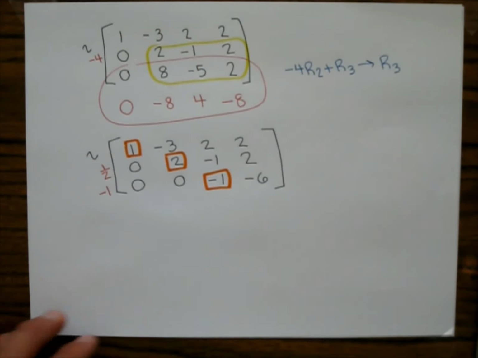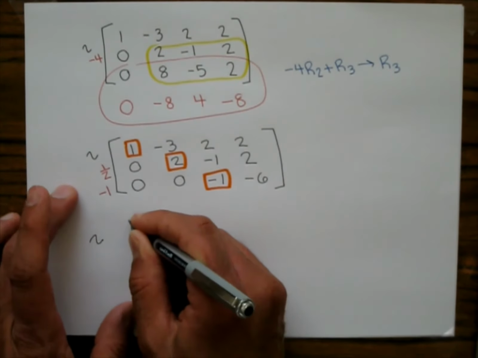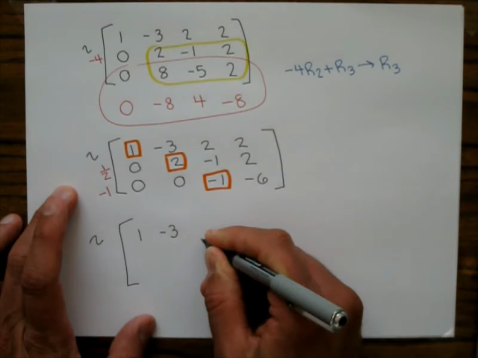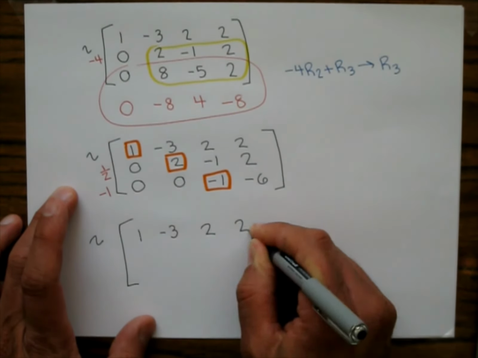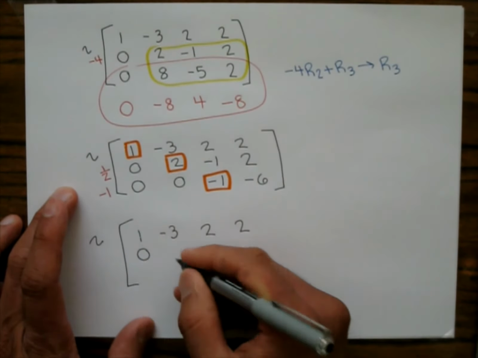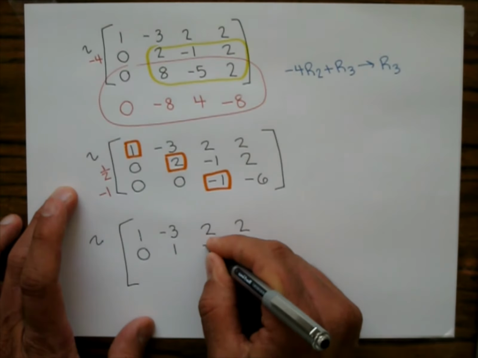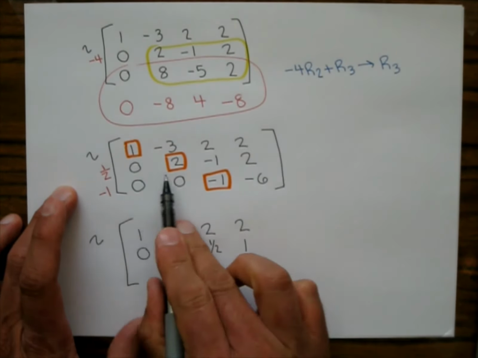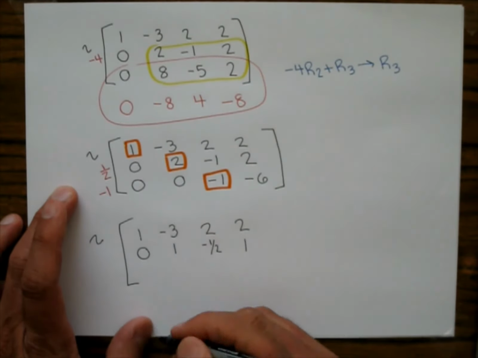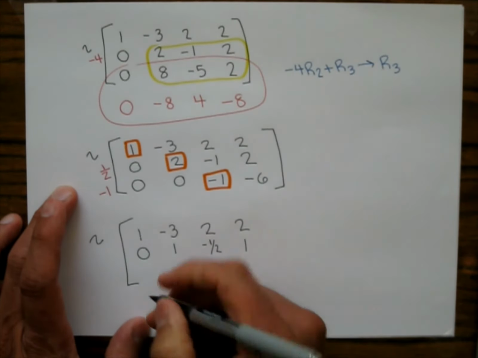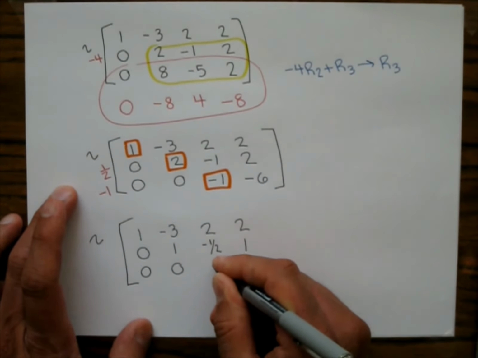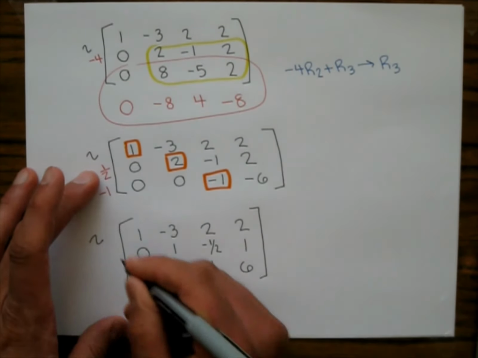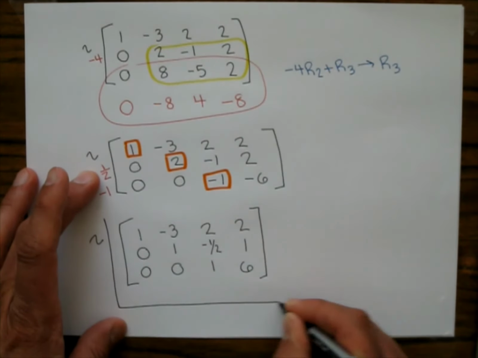So what we end up getting is 1, -3, 2, 2, 0, 1, -1/2, 1, so that's multiplying row 2 by 1/2, and then multiplying row 3 by -1, we have 0, 0, 1, 6.